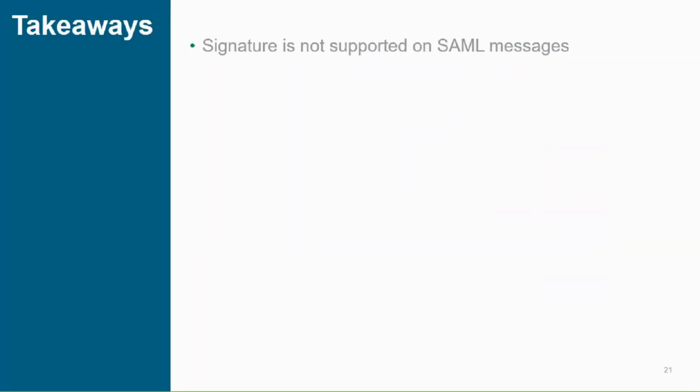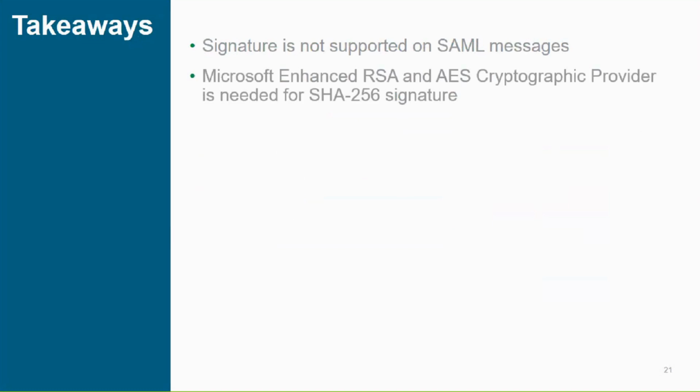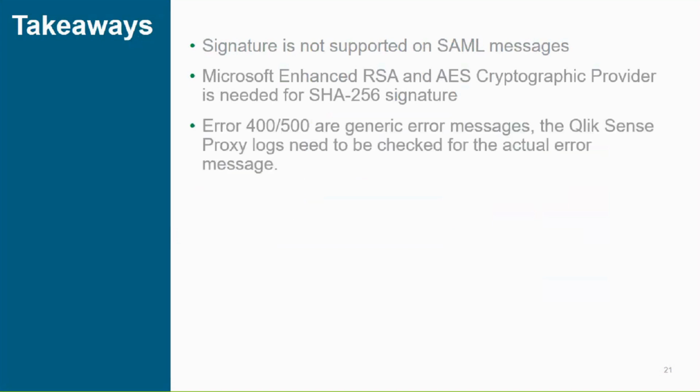So a few takeaways from this session. What you need to remember is that the signature is not supported on the SAML messages. Microsoft Enhanced RSA and AES cryptographic provider is needed for SHA-256 signature. And the errors 400 and 500 are generic error messages.